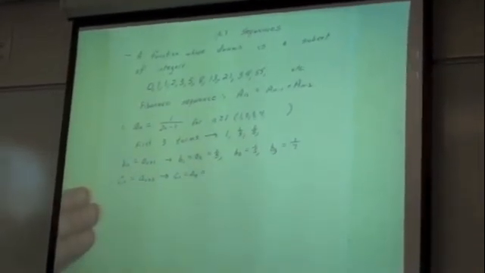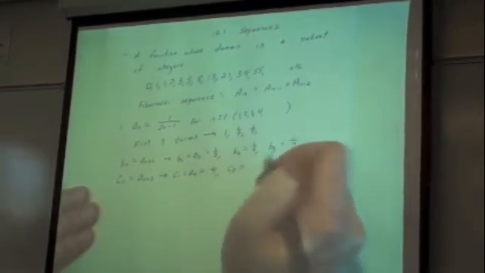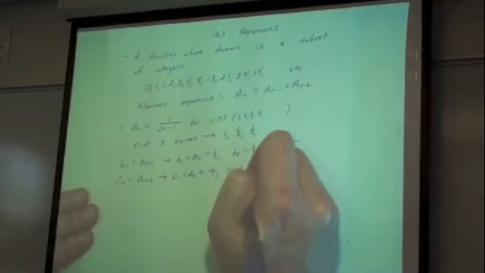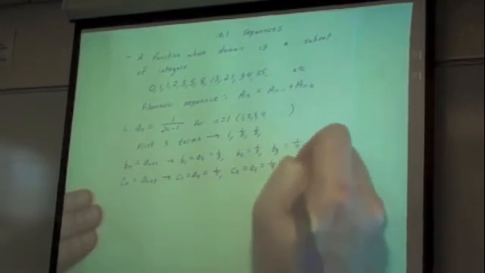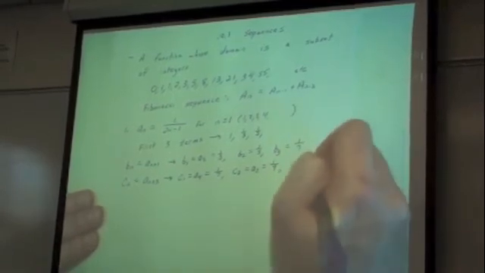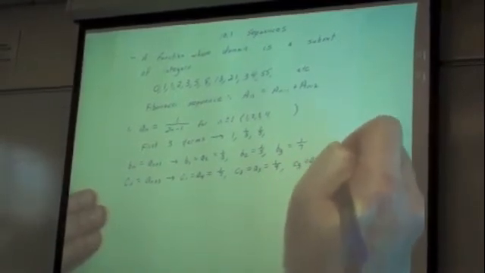Then c of 1 is equal to a sub 4, which is going to be our 1/7. c2 would equal a sub 5, which would equal 1/10 minus 1, 1/9. And c3 would equal a sub 6, which is 1/11.